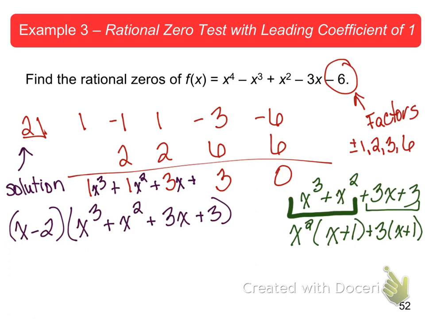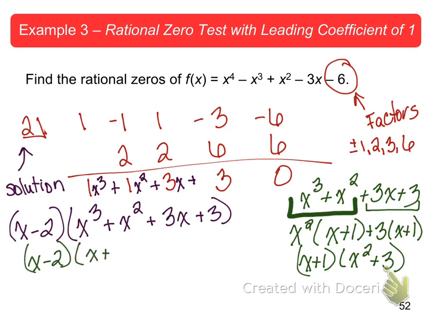Okay, so now I've got x plus 1 times x squared plus 3. Now, I can't factor x squared plus 3 any further.